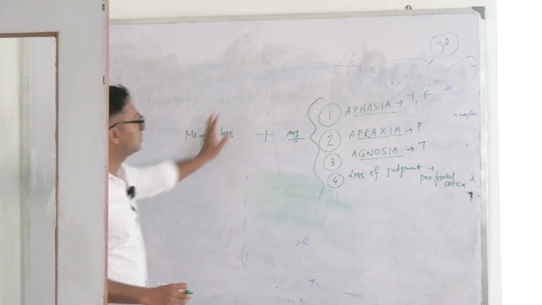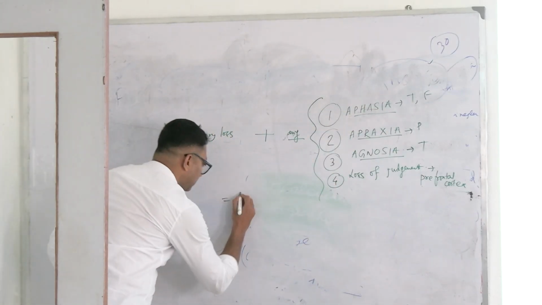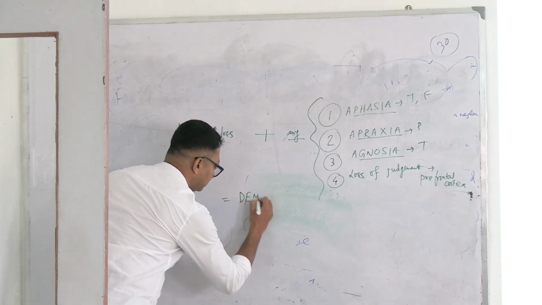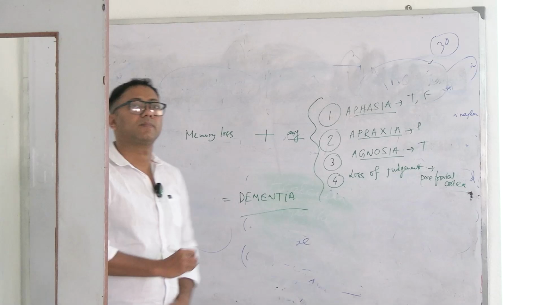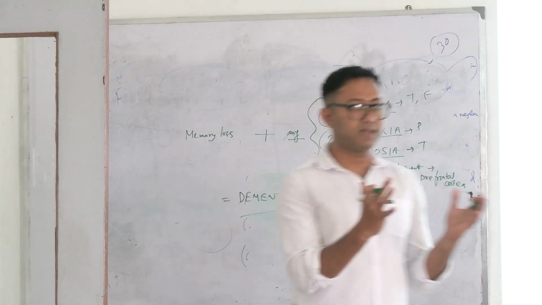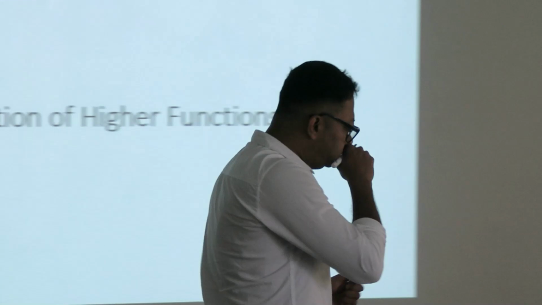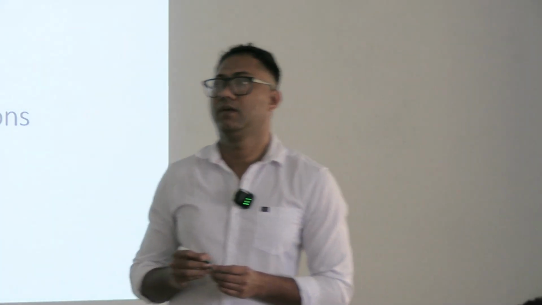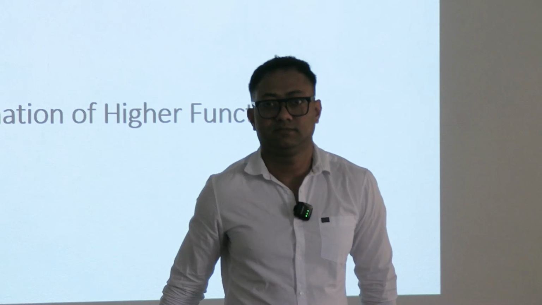So memory loss plus any of these things is equal to dementia. Clear? Make your definition clear first, then you will understand the disease better. And Alzheimer's disease is a dementia.